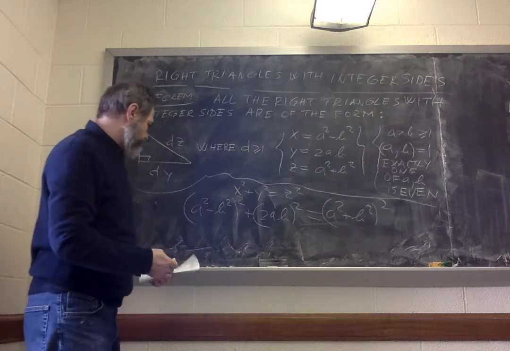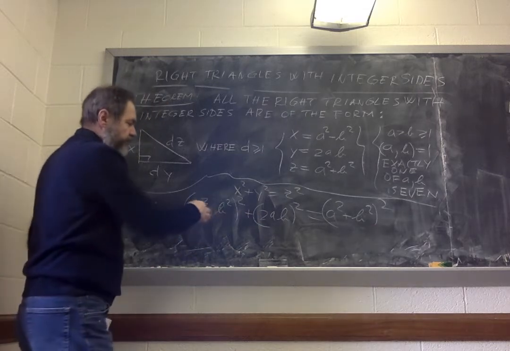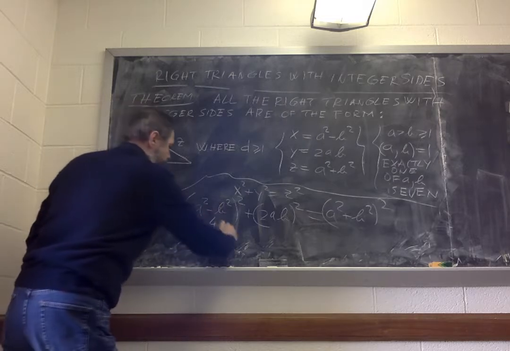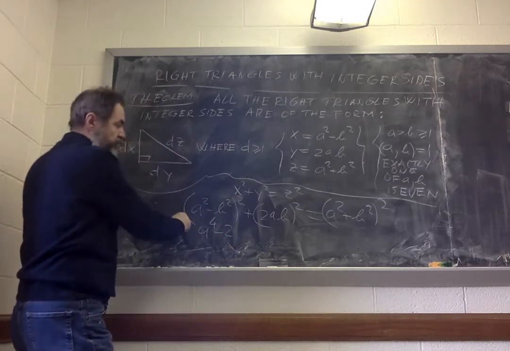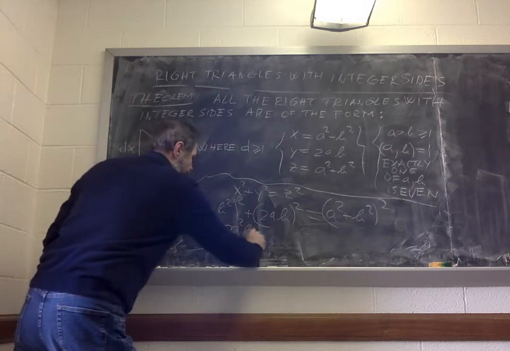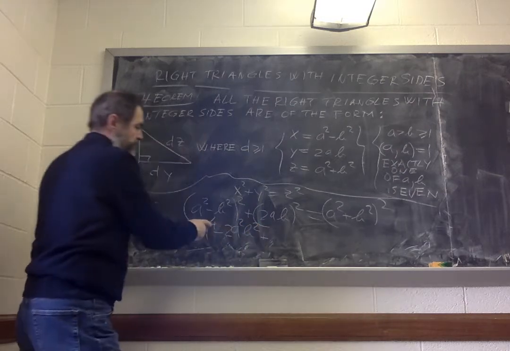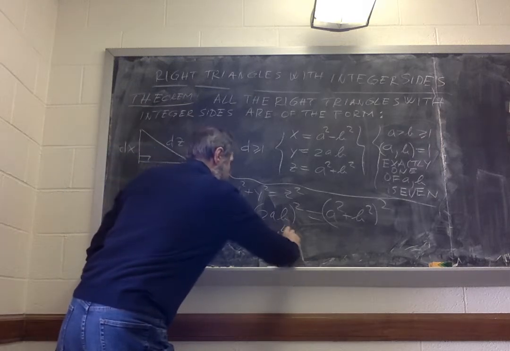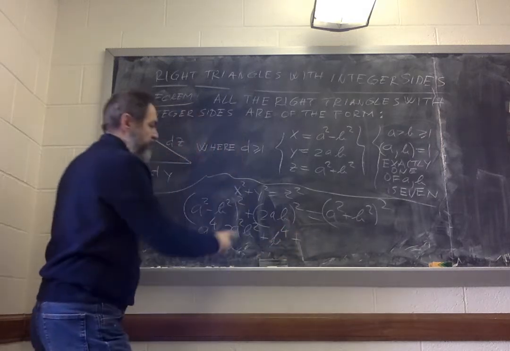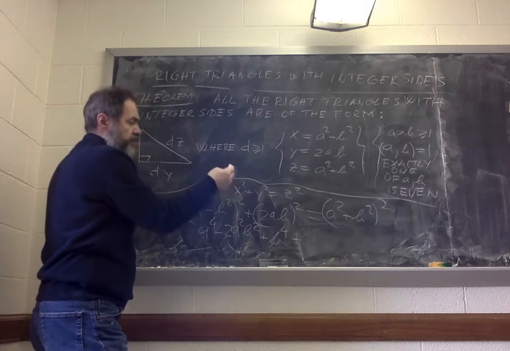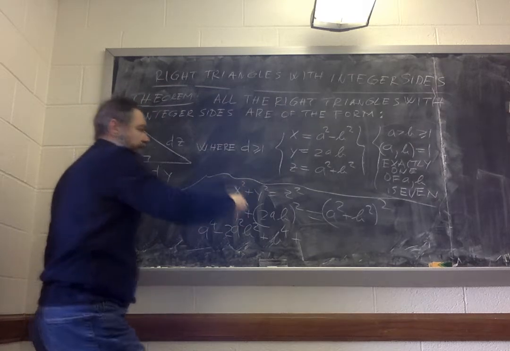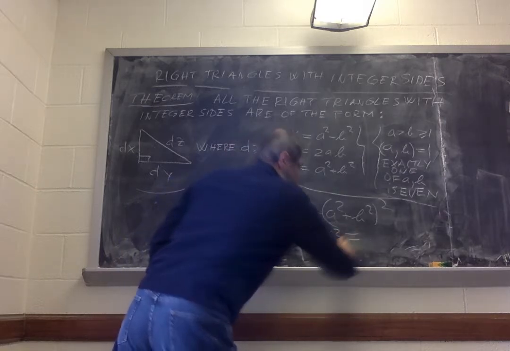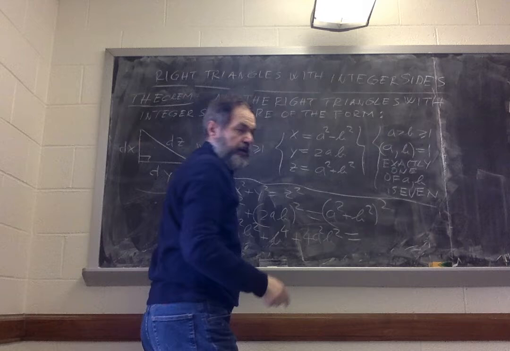Well, let's check this identity. I have a difference of two numbers squared. The first one squared is a to the 4, minus 2 times the first times the second, so minus 2 times a squared times b squared, plus the second one squared, which is b to the 4, plus 2ab squared, which is 4 times a squared times b squared, and this should equal this sum squared.